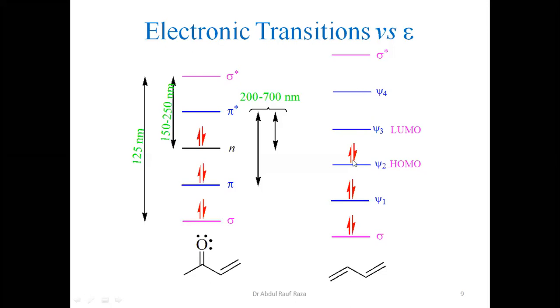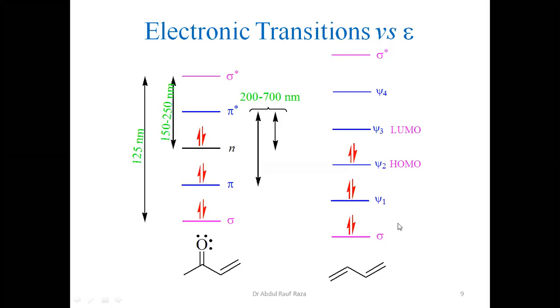With the sigma bond, two electrons are accommodated in sigma. With 4 pi electrons, 2 shall go to the lowest energy level, then 2 shall go to the next energy level, so 4 are accommodated. Psi 3, psi 4 and sigma star are empty.